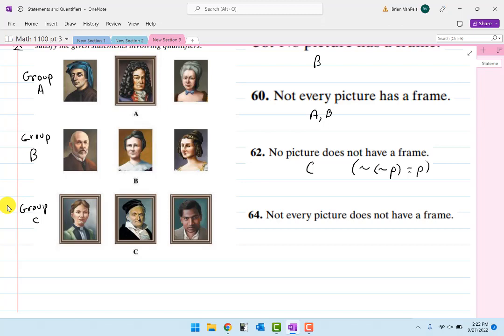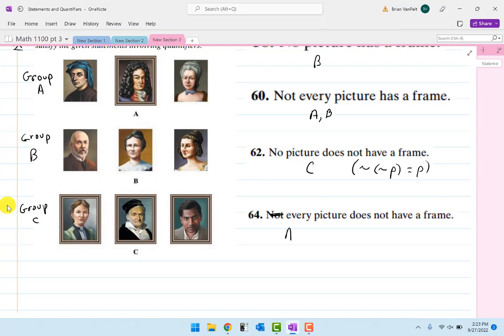Not every picture does not have a frame. So let's start with, forget about this for a minute. I'm just going to exit out. Every picture does not have a frame. What were those that was true for? Every picture does not have a frame.